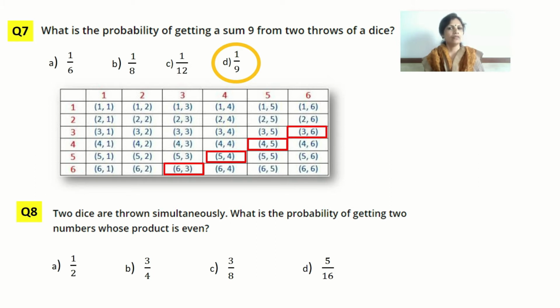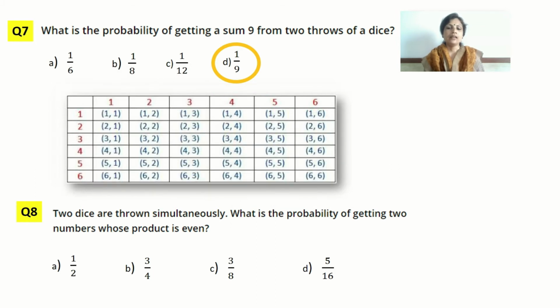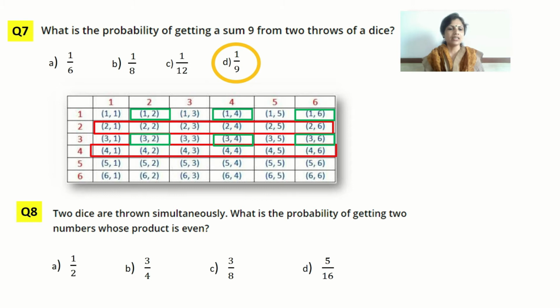So again we have a sample space of 36 combinations and 2 numbers whose product is even. Look here, 2 ones are 2, 4 ones are 4, 6 ones are 6. Here all 2 ones are 2, 2 twos are 4, 2 threes are 6, 2 fours are 8, 2 fives are 10, 2 sixes are 12. Then 3 twos are 6, 3 fours are 12, 3 sixes are 18. Next row, all combinations, the product is even.